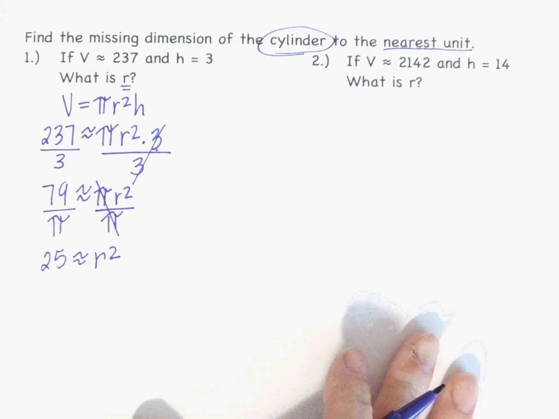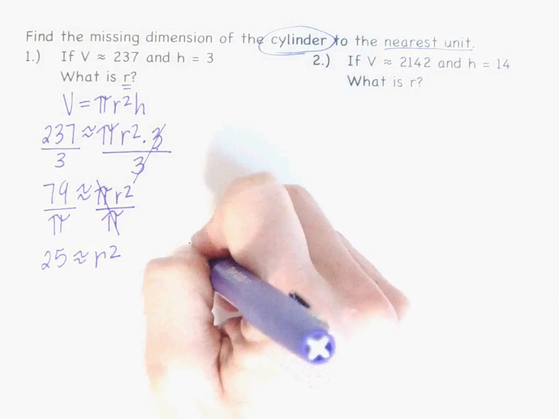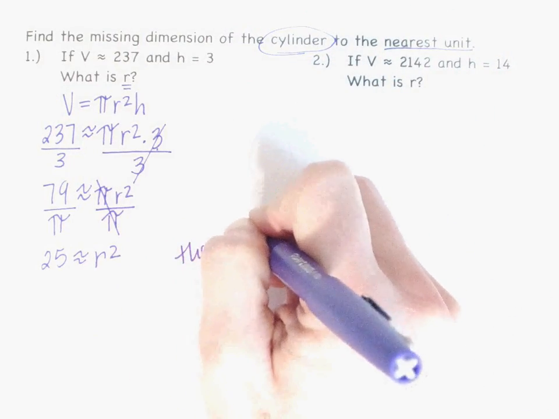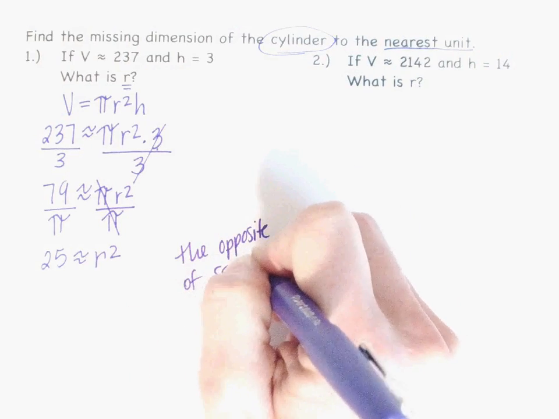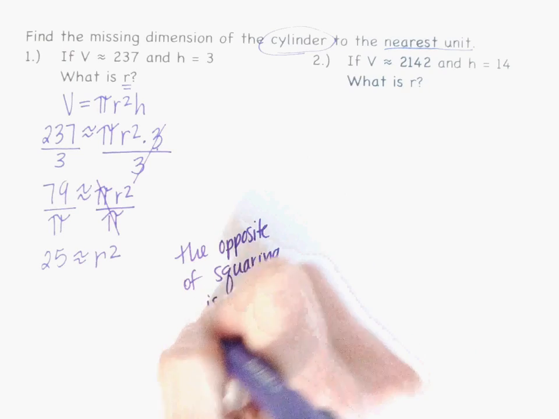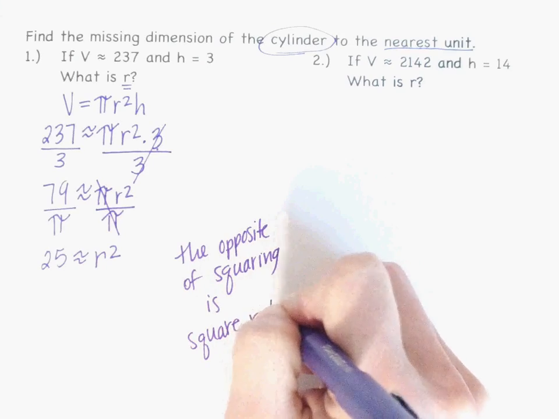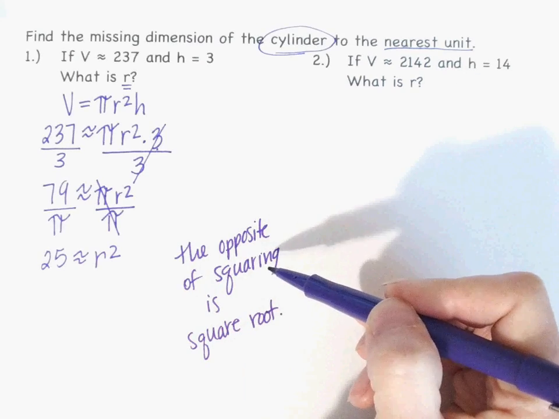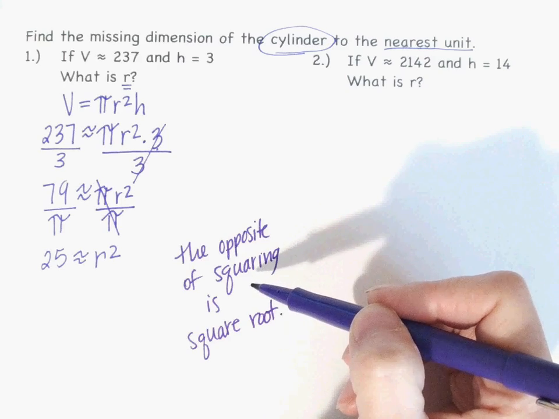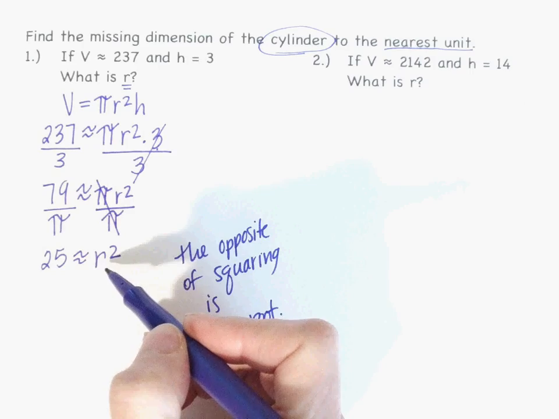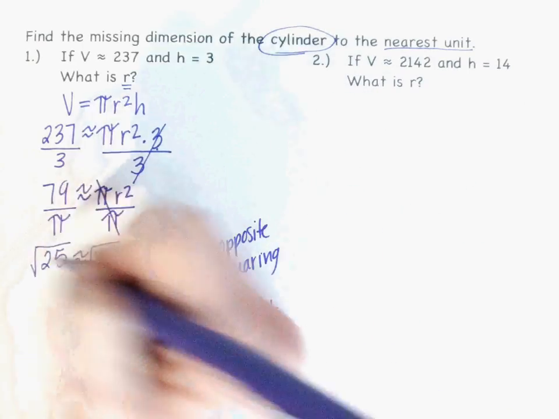Okay. And if you remember from yesterday's notes, and I'm going to write this down again, the opposite of squaring is square root. And again, we used this when we were working with Pythagorean theorem. So you saw that how do we get rid of squaring something? We take the square root, and if we do it to one side, we have to do it to the other.